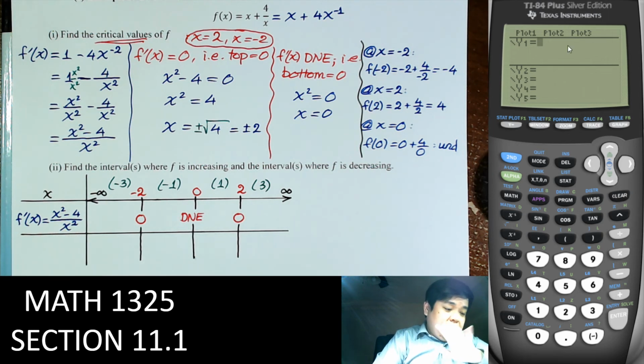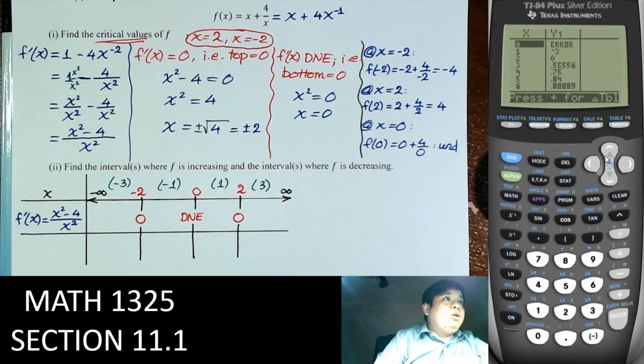Like I said, if we use the calculator, make sure we know what we enter. So x squared minus 4 divided by x squared. I recommend just put 1 parenthesis for the top and 1 for the bottom, like that. Right, now we can go to the table and look for the values.